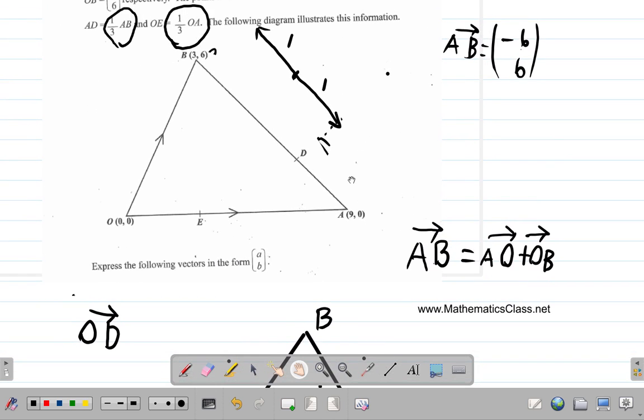Here, OD is this vector. So our vector now looks like this, and it is a resultant. What two vectors do you add to get OD?